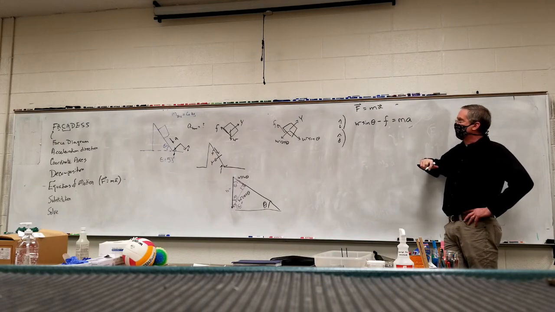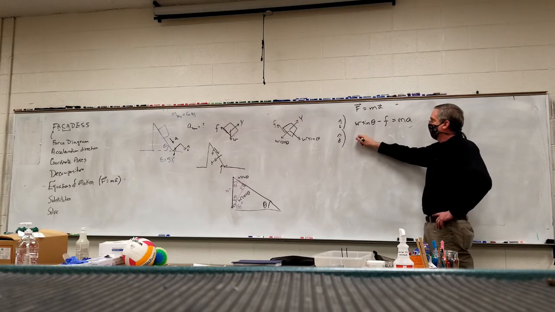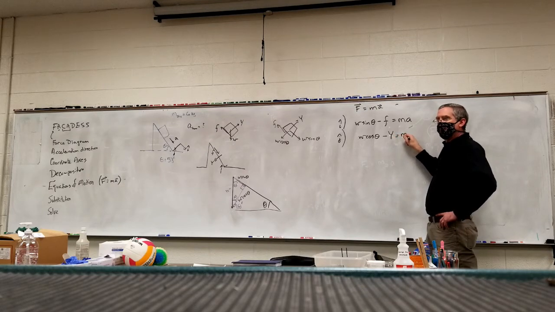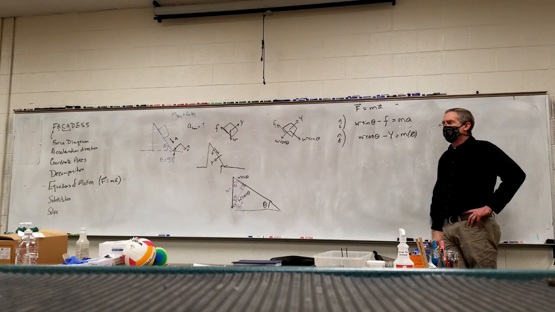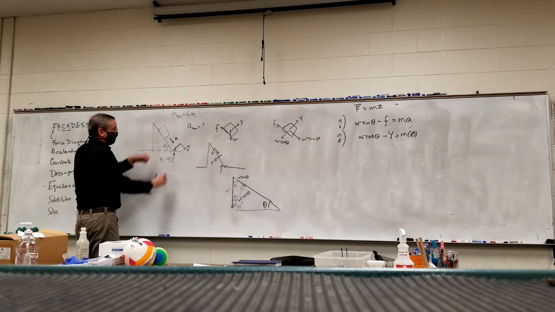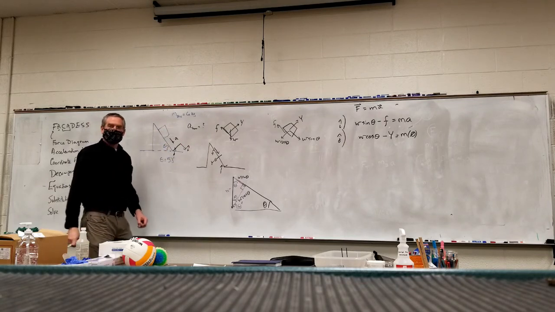All right, what's the other equation? W cosine theta minus normal force equals zero. Why zero? There's no acceleration in the j hat direction. Right. If you put a there, suddenly this thing is accelerating, not down the ramp at a, but accelerating in that direction at a.